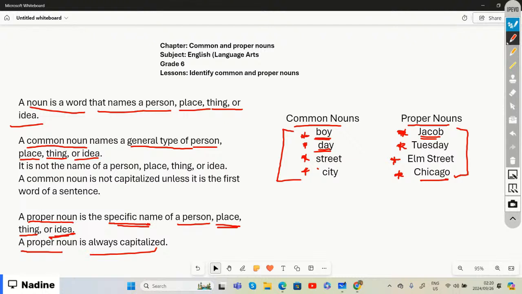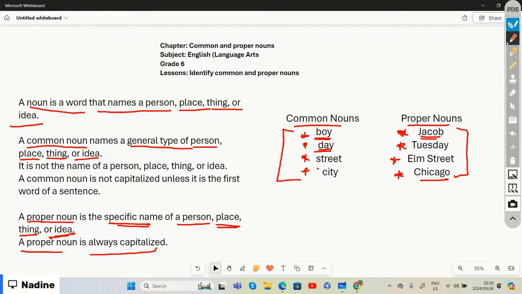So once again, a common noun basically names a general type of person, place, thing, or idea. We do not capitalize common nouns unless it is the first word of the sentence. Common nouns are not names of people, not names of places, not the name of a thing or idea.